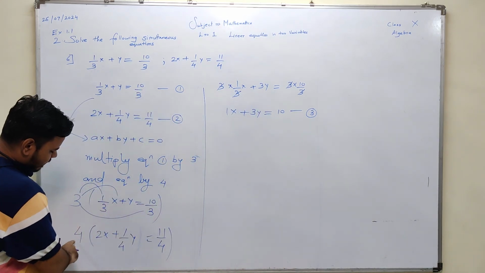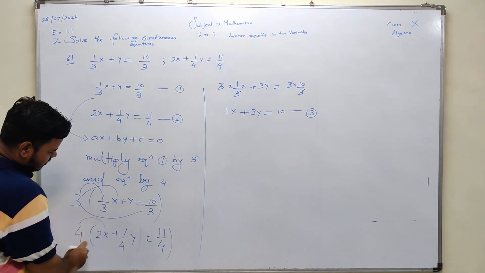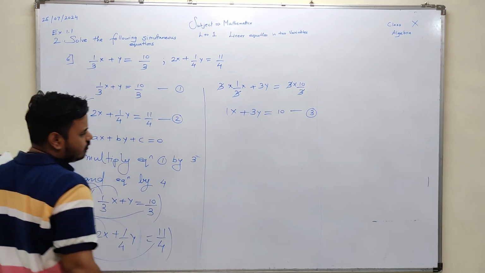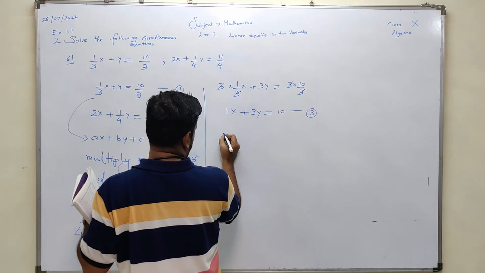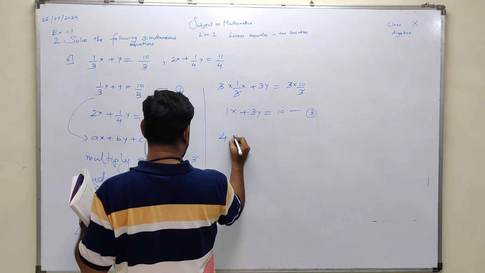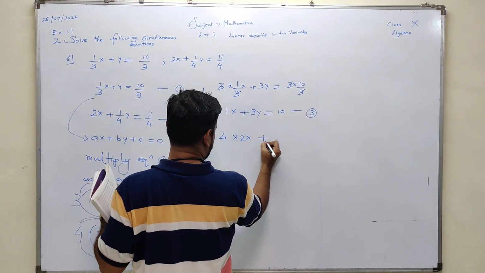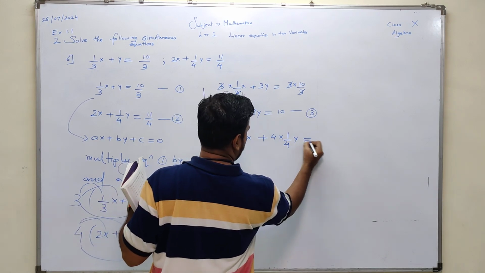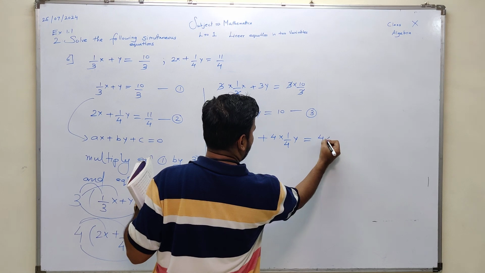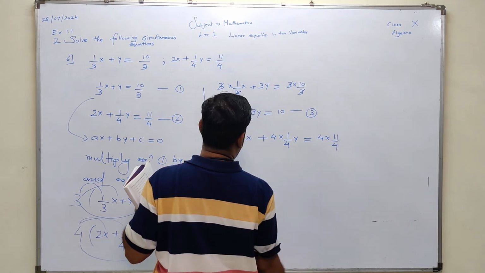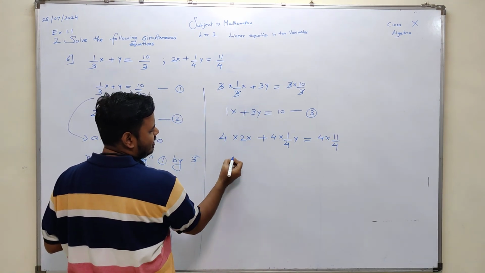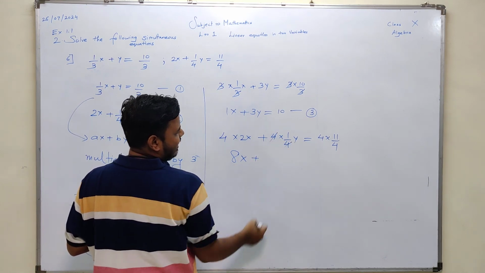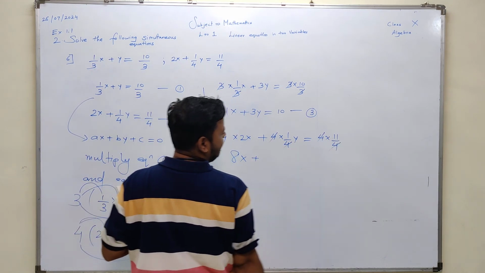And now the next step. We will multiply this 4 to 2x, then 1 upon 4y, then 11 upon 4. So 4 multiplied by 2x plus 4 multiplied by 1 upon 4y is equal to 4 multiplied by 11 upon 4. So 4 twos are 8x plus, 4 and 4 get cancelled. Here also 4 and 4 get cancelled.